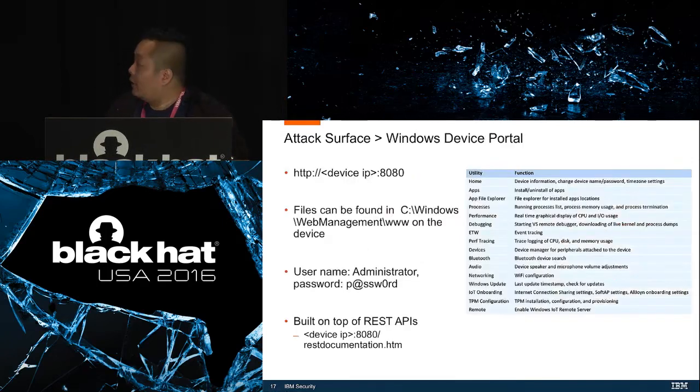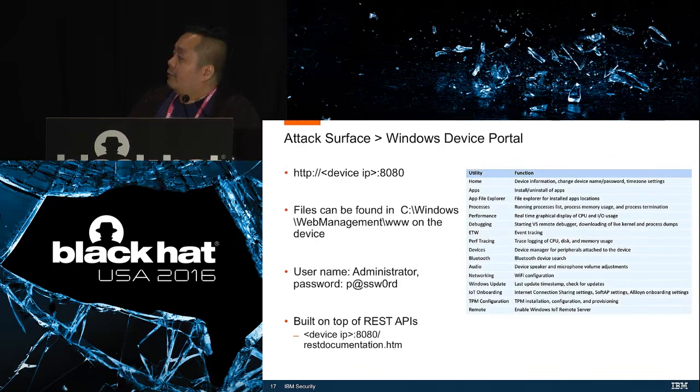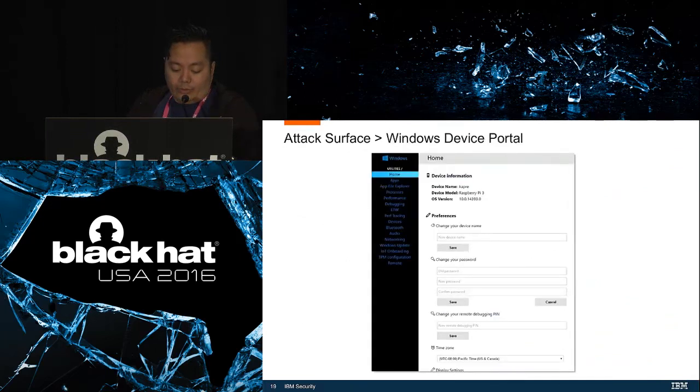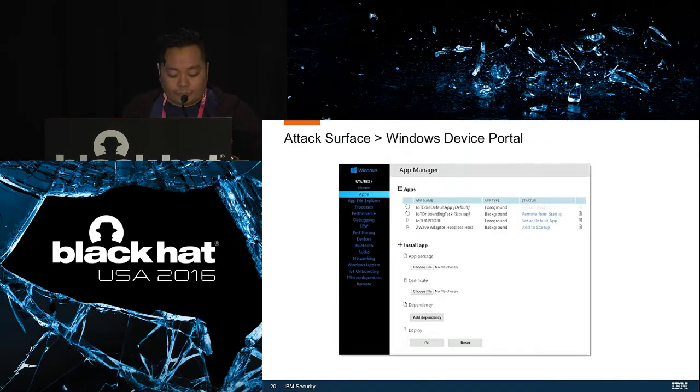Okay, so on the right side of the screen, you can see the list of all the tabs or the utilities and their functions. But we're going to take a look at some of the more interesting tabs in the Windows Device Portal. So here's the Home tab. It shows the device information and allows you to change the device name and password, among other things.